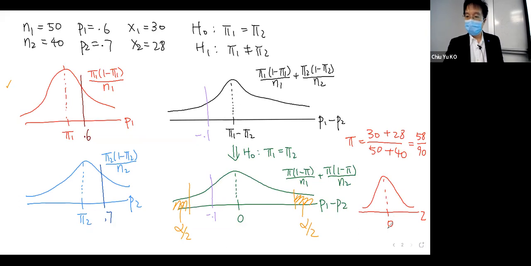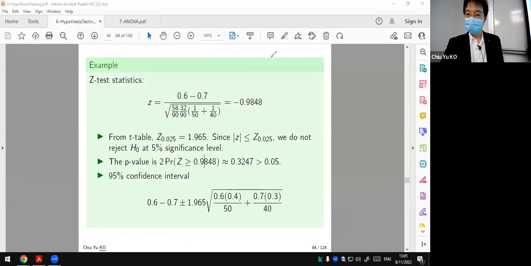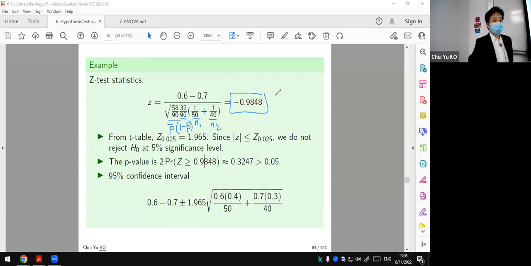Once you transform this, you just subtract the mean over the square root of this guy, and it turns out that this guy, according to this formula, is P hat times (1 minus P hat) over N1 plus over N2, and this is negative 0.1, P1 minus P2.